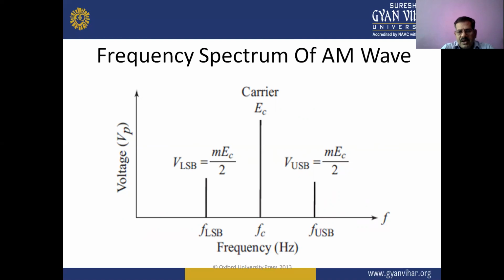The upper sideband signal equals mEC upon 2, and the lower sideband signal is also mEC upon 2. So these are the frequency spectrum of AM waves.